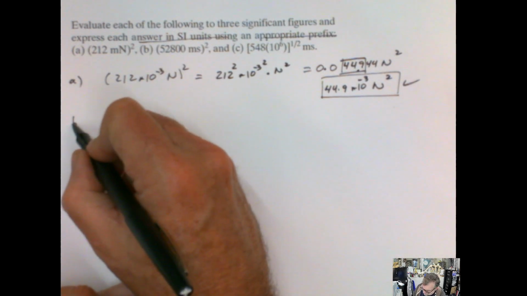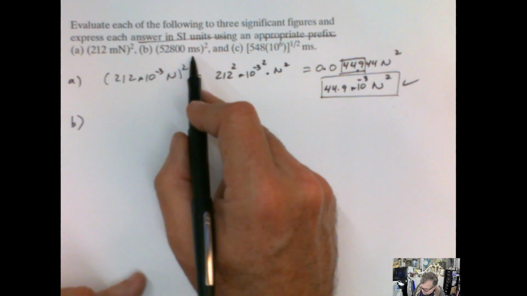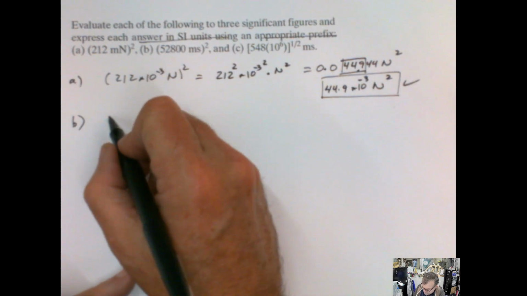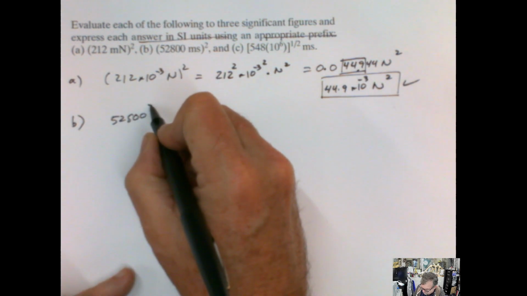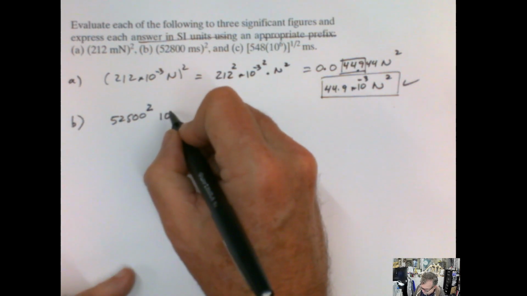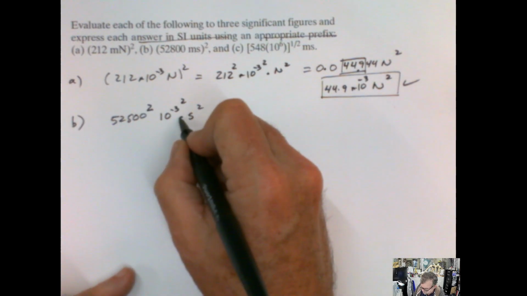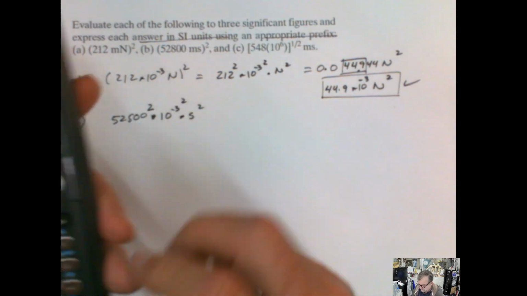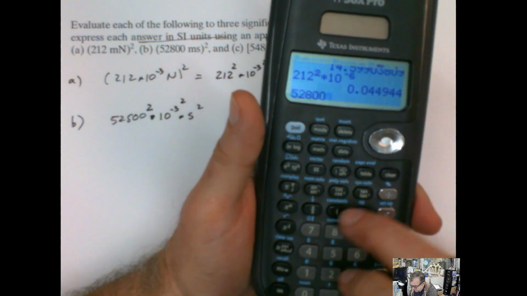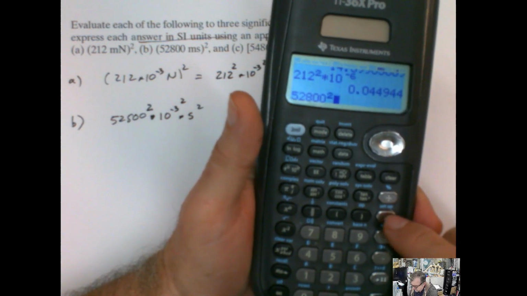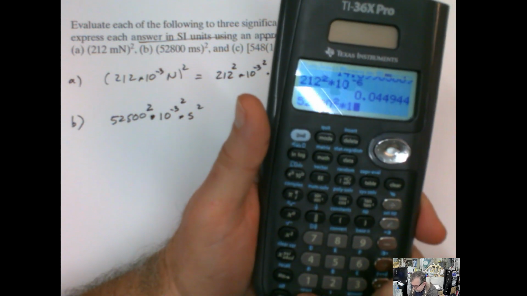Let's do part B. Part B is this one, millisecond squared, very similar. So 52,800 squared milli, second squared. Just put that in the calculator. 52,800 squared times 10 to the negative 3 squared, which is 10 to the negative 6.